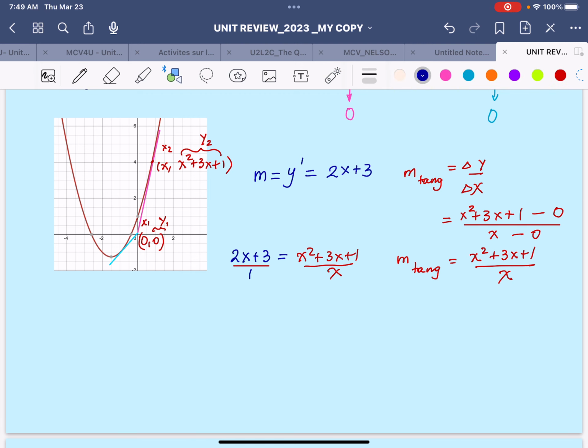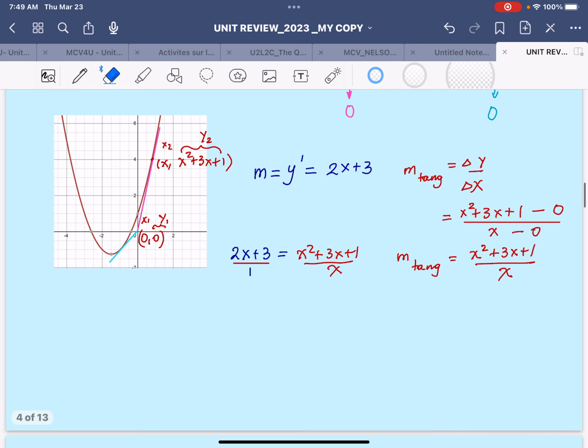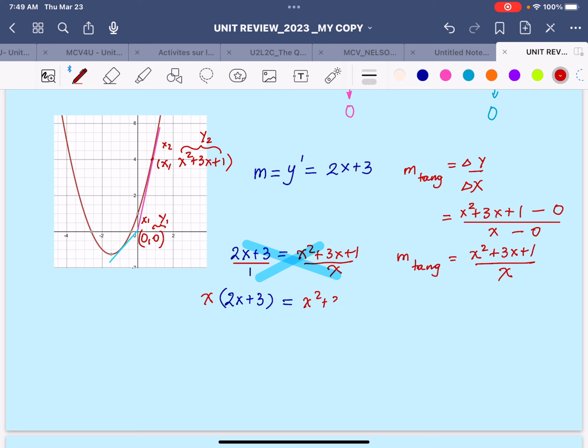So I'll turn the left side into a rational expression, and we'll cross multiply. That will give 2x plus 3 multiplied by x equals x squared plus 3x plus 1.